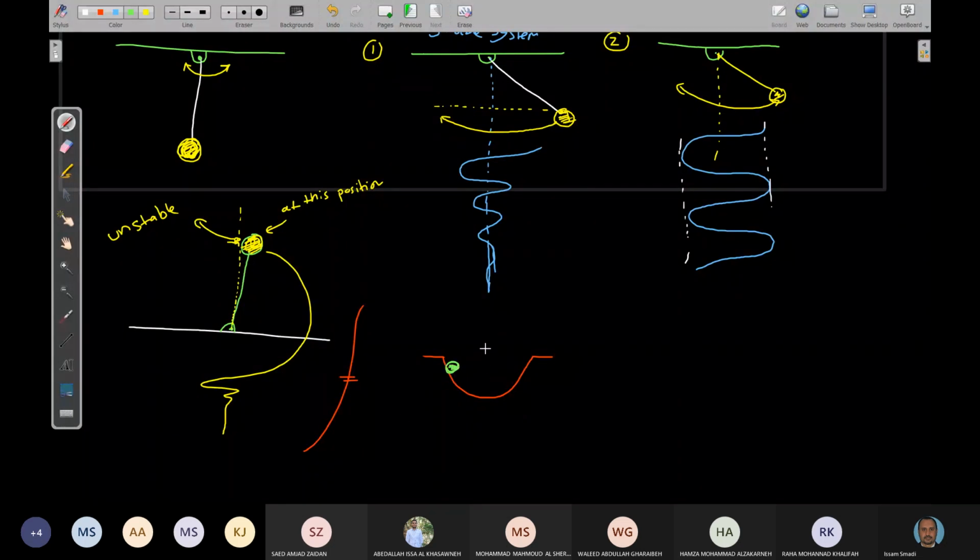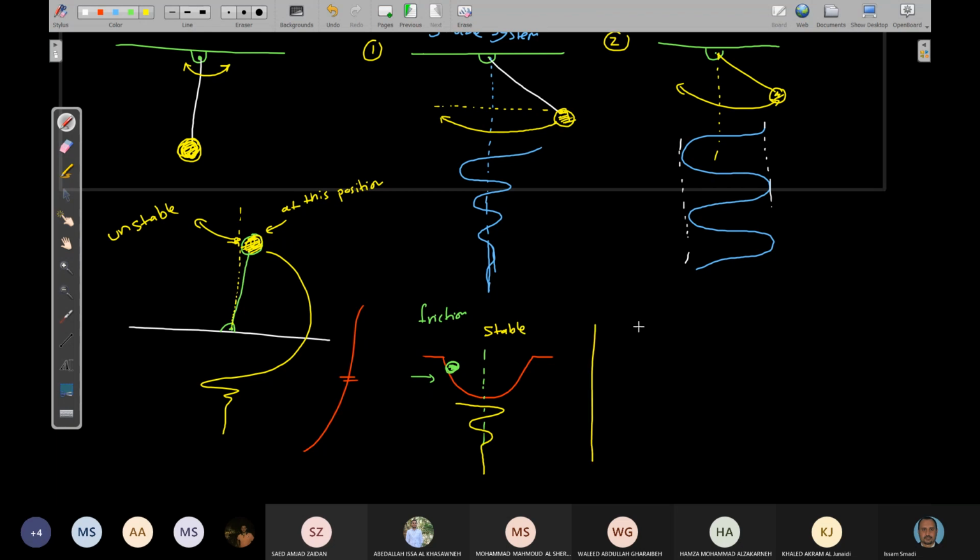If there is friction, and I'm starting at this point, what will happen? The ball will swing, return back, swing and return back, swing and return back until it what? It settles down at this point, correct? So it will go something like this. Yes. So the same thing. This one is what? It is stable.